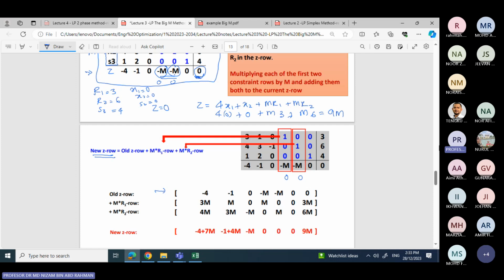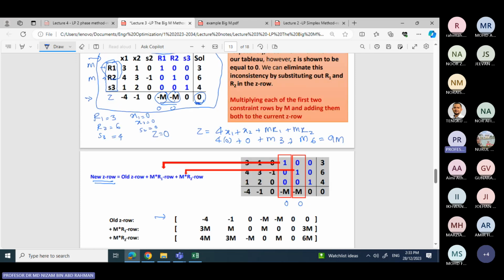If you look at the R1 row, it is this. So this row now becomes 3M, M, 0, M, 0, 0, and 3M. So you multiply this whole row by M, plus M times the R2 row.